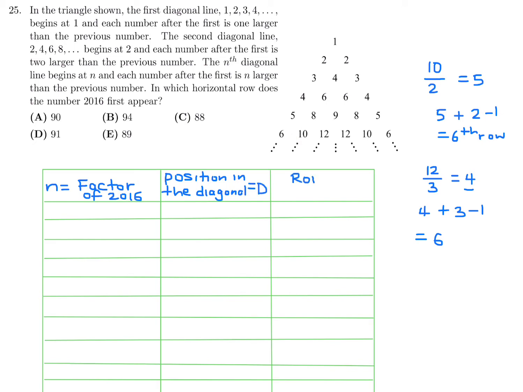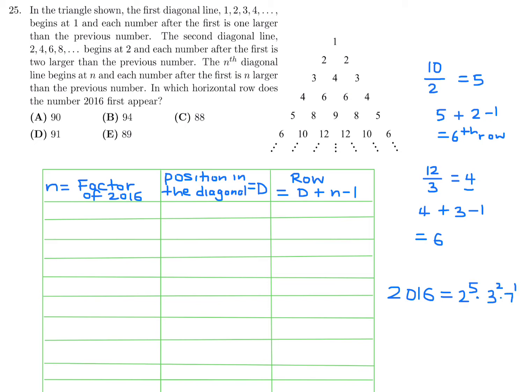And then finally, we have to figure out the row. And the row is given by D plus n minus 1, exactly what I did over here. So a quick example, we'll just start with 2016, and I guess those will be good enough examples. There's a lot of factors, right? 2016, if you break it up into its prime factors, is 2 to the power of 5 times 3 to the power of 2 times 7 to the power of 1.